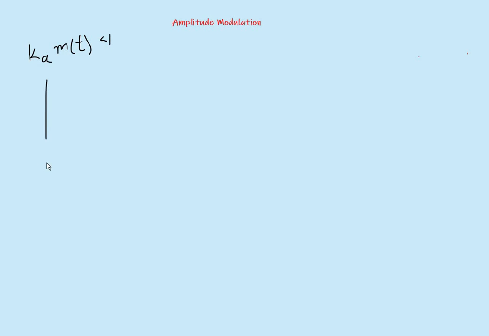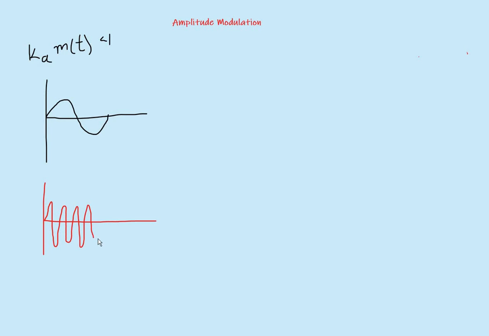Now I'll show you the waveform to explain it properly. This is our message signal. This is our carrier signal. Once we are modulating it, this is the message signal, this is the carrier signal, and this is the modulated signal.